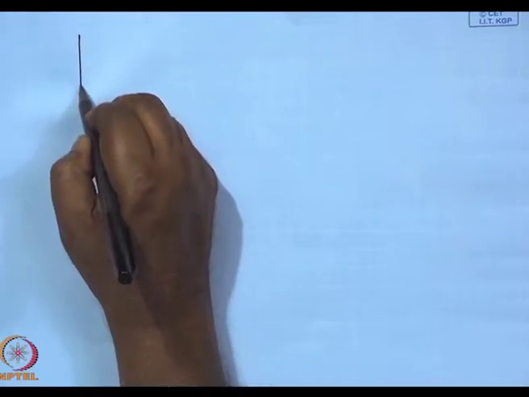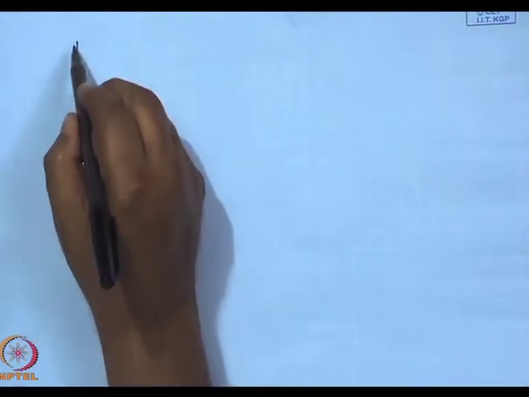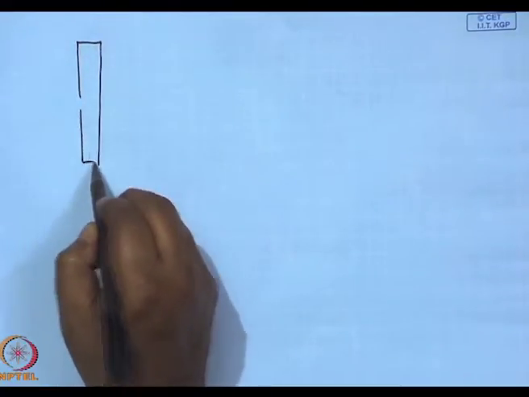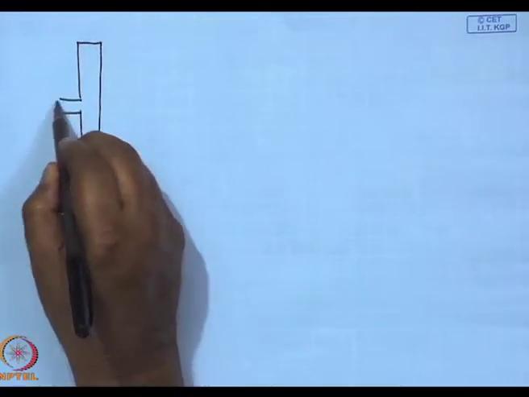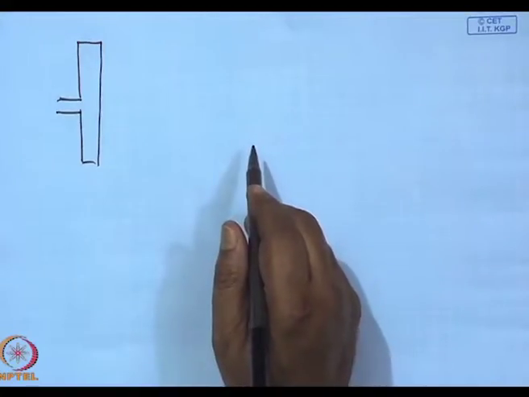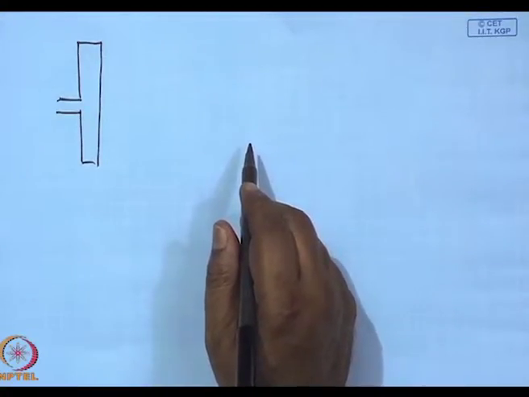Most why? You see, what is happening in injection molding? To draw a very simplistic diagram, let us say this is the mold into which the injectable material goes in.